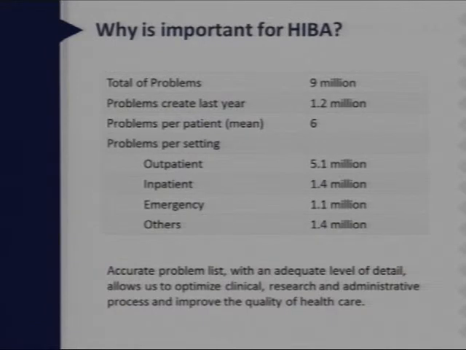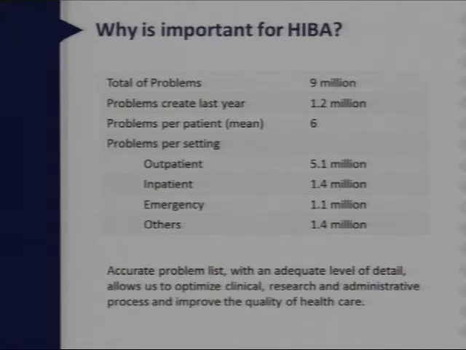Only to give you an idea of how important a problem list is for us, we have in our system about 9 million problems created in the history of our electronic health record. In the last year alone, 1.2 million problems were created, and the mean number of problems per patient in our system is 6.